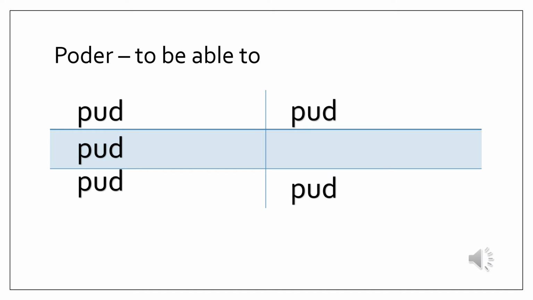So go ahead and add your endings for your different forms. So you should have pude, pudiste, pudo, pudimos, pudieron.